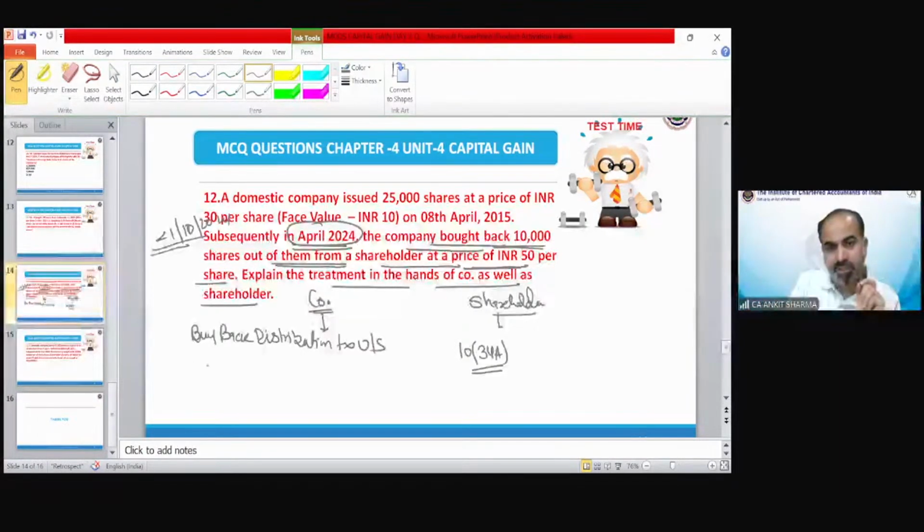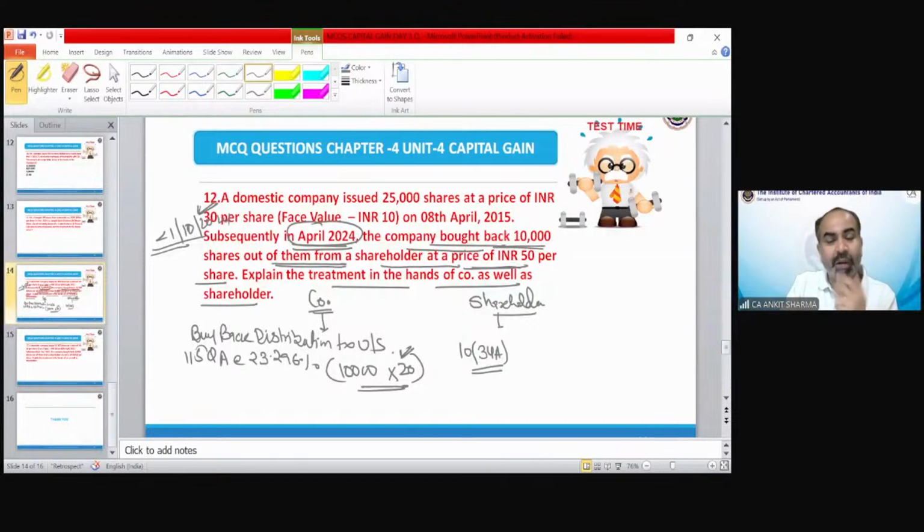Under section 115QA at the rate of 23.296% of the excess value paid. So now, 10,000 shares have been bought back and the company has paid an excess value of 20 rupees, because 30 rupees was the issue price and it was bought back at 50 rupees.